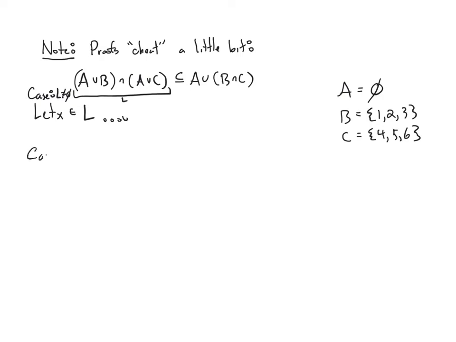And then case 2, we'd say something along the lines of L is the empty set. And it's a short case. Well, if L is the empty set, then of course, clearly, since it's the empty set and it's a subset of everything, we know that the empty set is a subset of, I'm going to call this the right-hand side, R, subset of R.